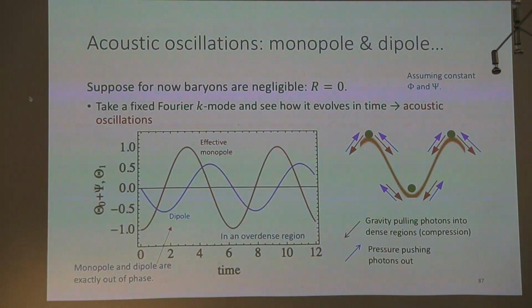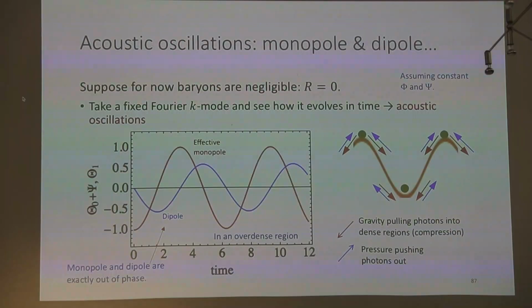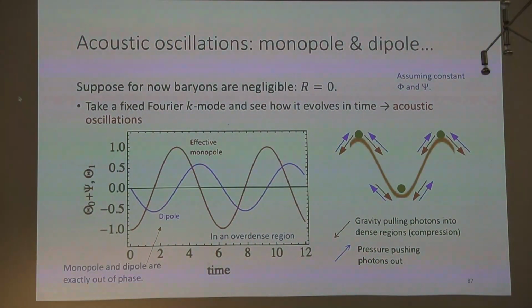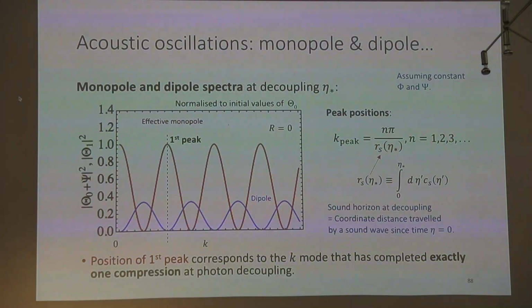Now, that's evolution as a function of time. But what we're really interested in is to have a look at a snapshot of the perturbations at the time of photon decoupling. So I can also plot my solutions in an alternative way. So here what I'm doing is basically plotting what I call a spectrum. Okay, so I've just taken my monopole solution and my dipole solution and then just square them.